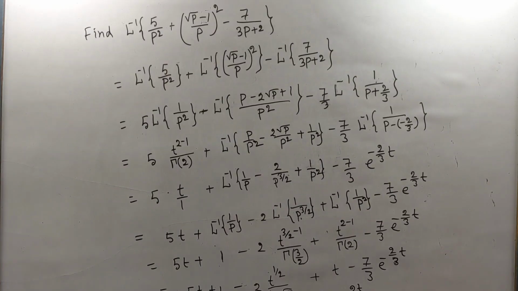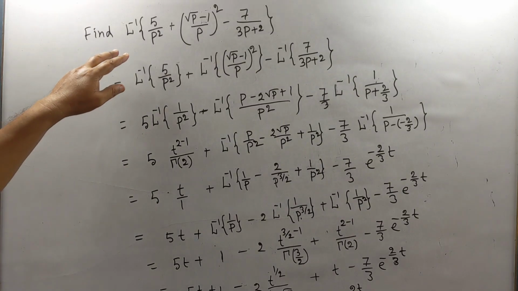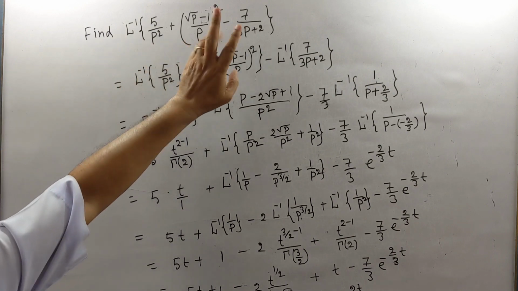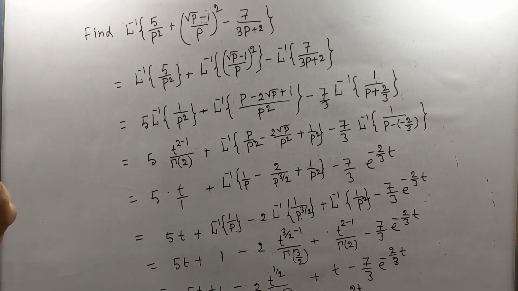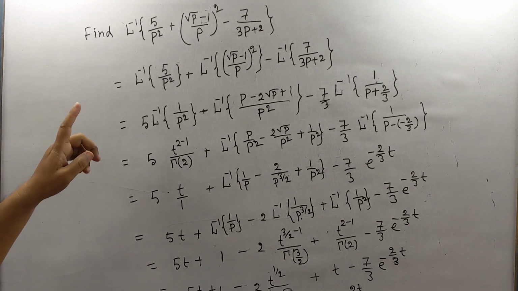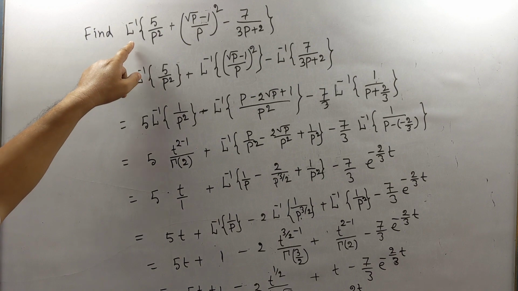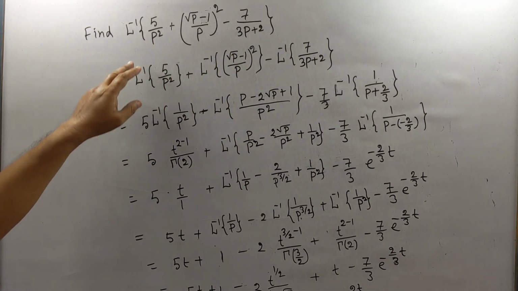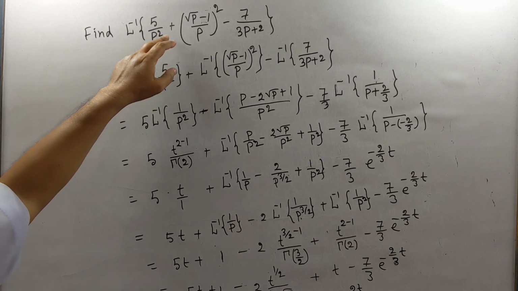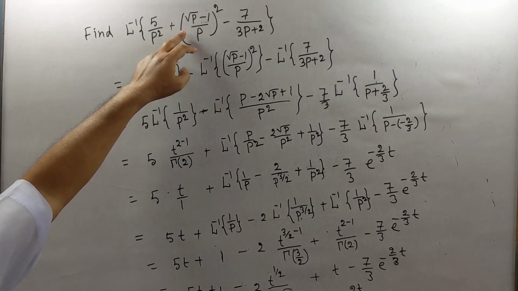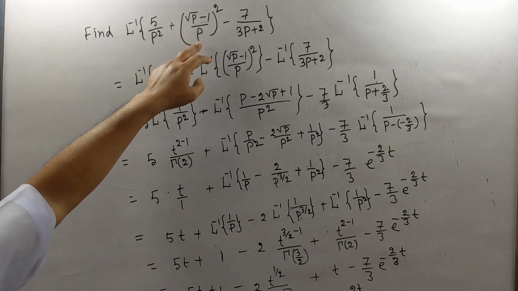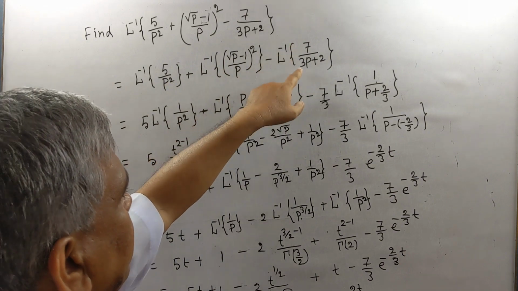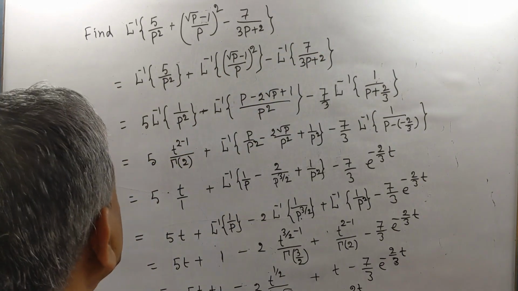Now we solve a problem of inverse Laplace transformation. Here this is the given problem. Since inverse Laplace transformation is a linear transformation, so we may write separately each part: L inverse 5 by p square, plus L inverse square root p minus 1 by p whole square, minus L inverse 7 by 3p plus 2.